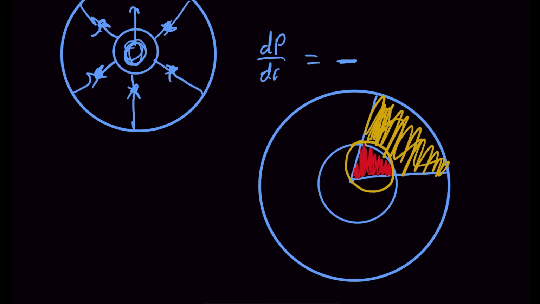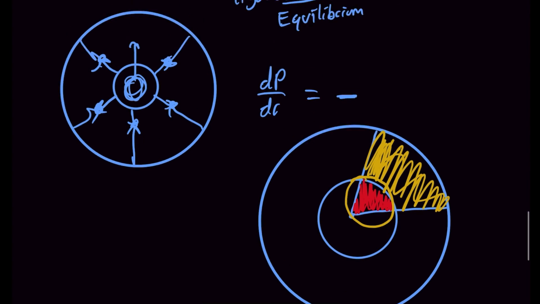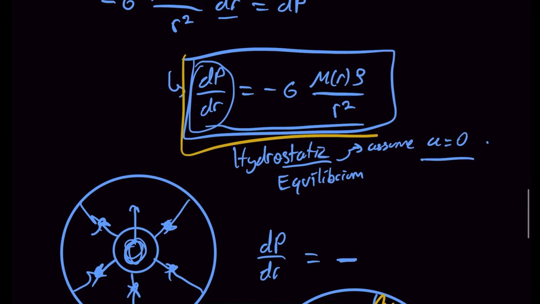So if you're closer to the center, you have to hold up more weight. So there has to be more pressure in the center to counteract there being more particles trying to collapse in there under the force of gravity. And the hydrostatic equilibrium tells you exactly how much that pressure has to change to counteract gravity at each infinitesimal layer of the star.